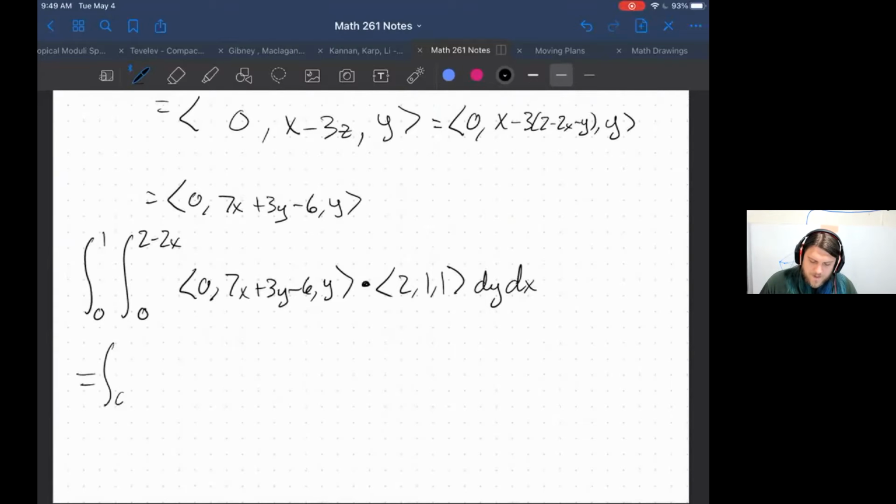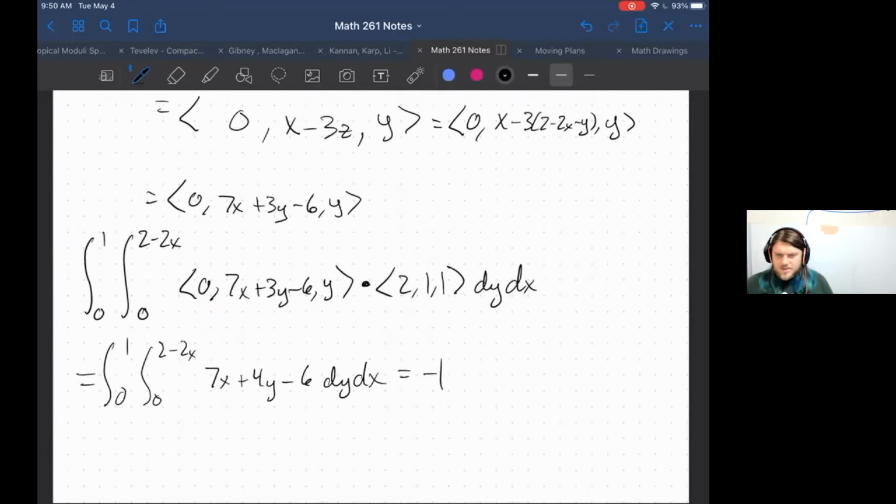And we'll do one more step again, just to do the dot product. First component gives us a 0, right? 0 times 2. Second and third components, we're multiplying by 1s, so we should just get a 7x plus 4y minus 6 dy dx. And if you go through, you compute this integral, you should get a -1.